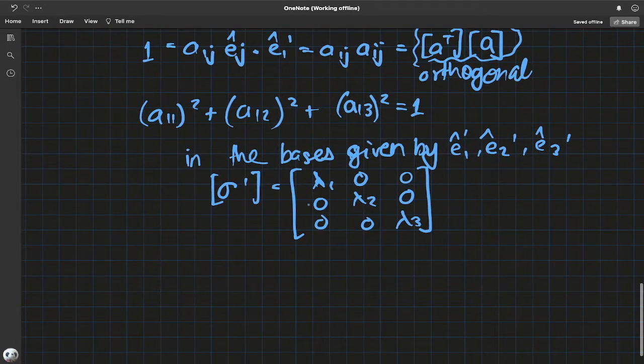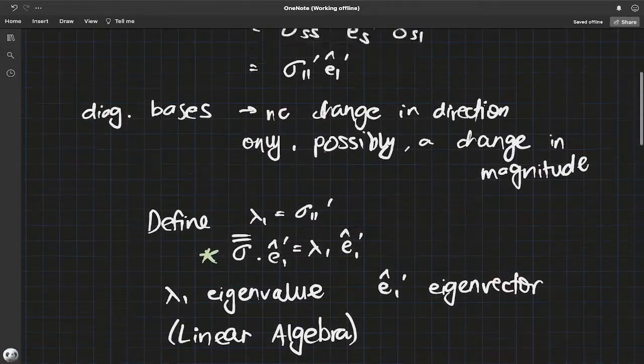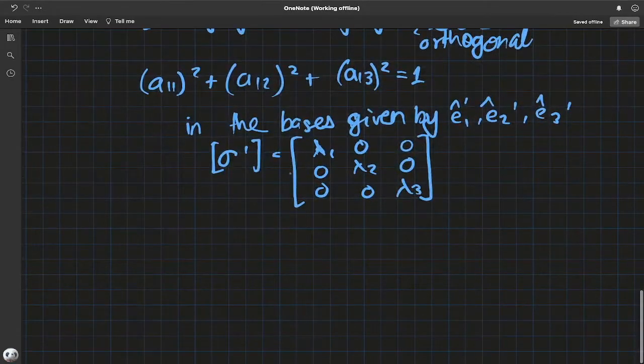You can see this clearly by basically repeating these steps over here for E1 prime, E2 prime, and E3 prime. So this is the convenient basis that we were searching for, that basically motivated us to do all these steps.